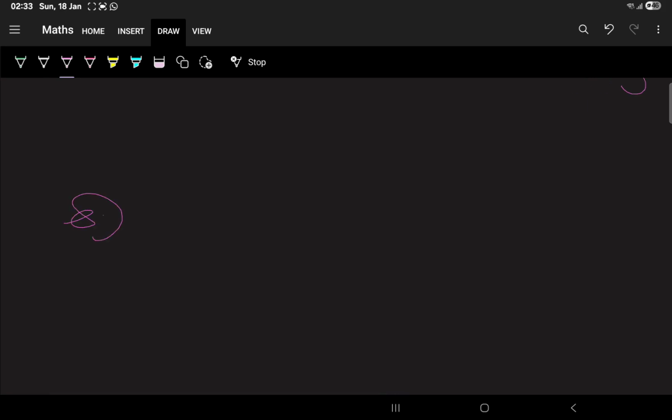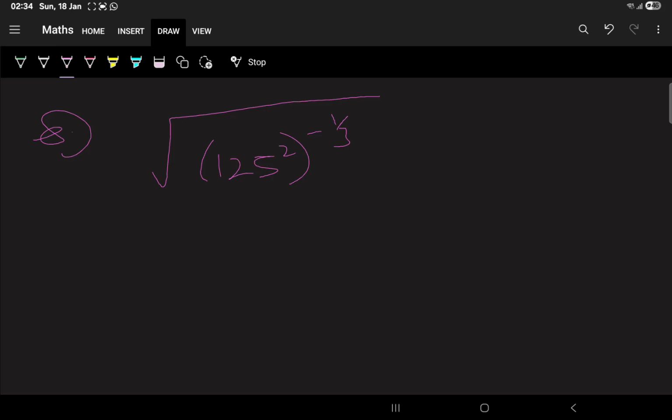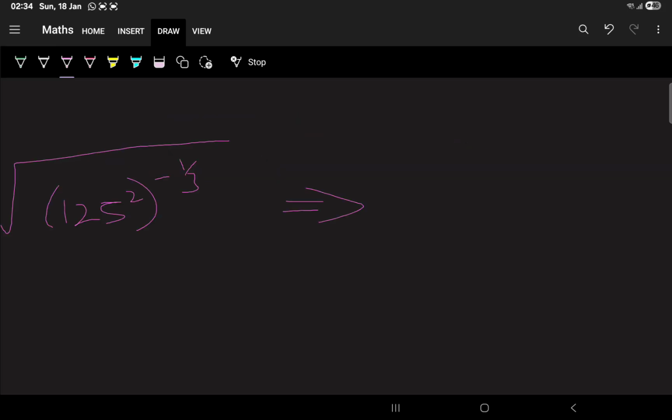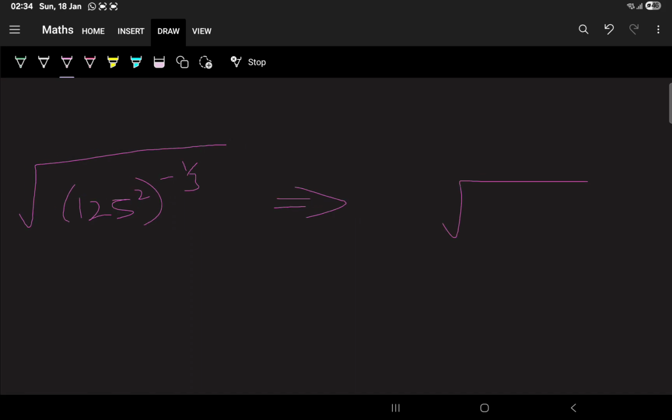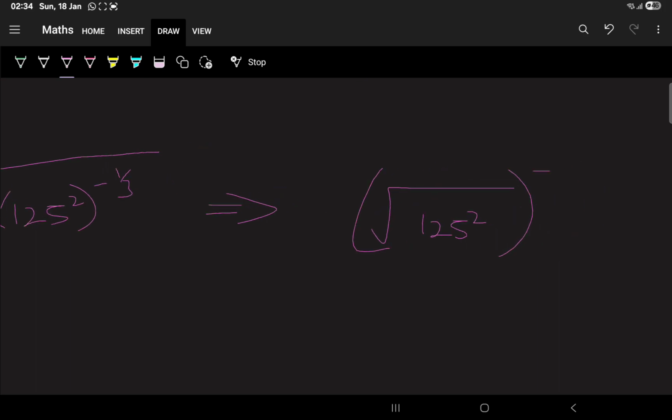Lastly, under this category, we have a bonus question: 125 squared raised to the power of negative 1 over 3, and it's all square rooted. Again, feel free to pause and attempt. This is going to simplify to the square root of 125 squared, or bracket negative 1 over 3.